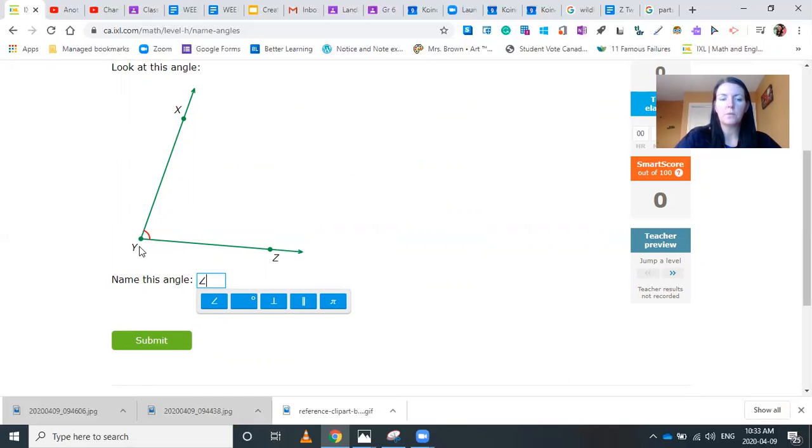You could do it two other ways. You can go from where it came from to the point and to where it's going.